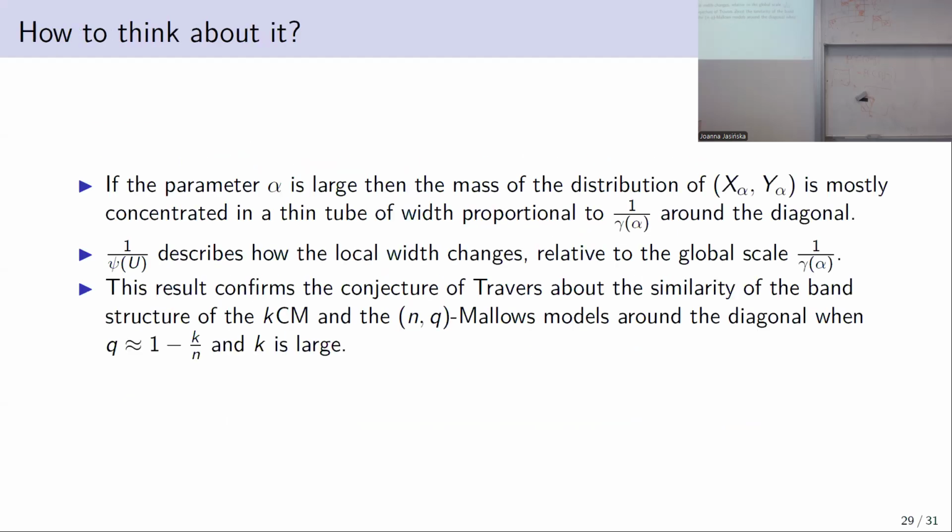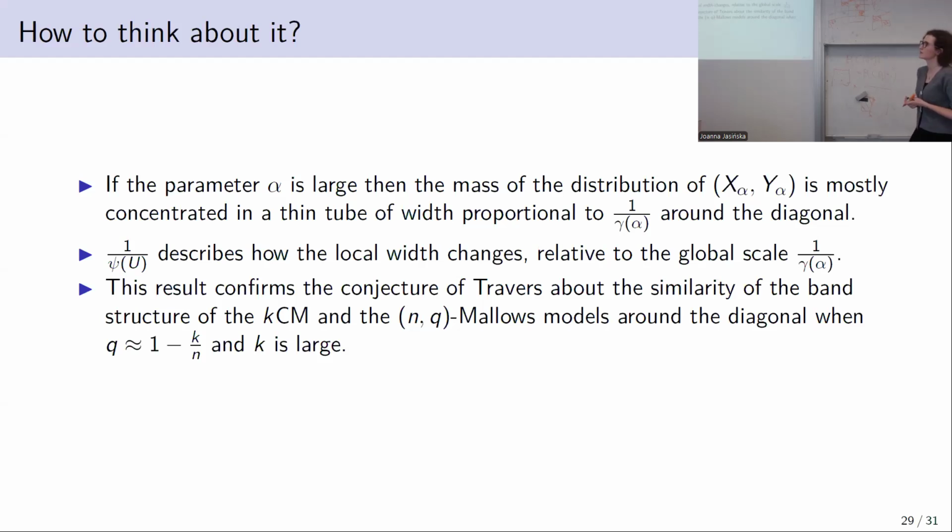And how should I think about this theorem? If the parameter alpha is large, then I know that the mass of the distribution of those points will be mostly concentrated in a thin tube around the diagonal with explicitly specified width. It will be proportional to 1 over gamma of alpha, which was the scaling function that I mentioned on my long slide with assumptions.